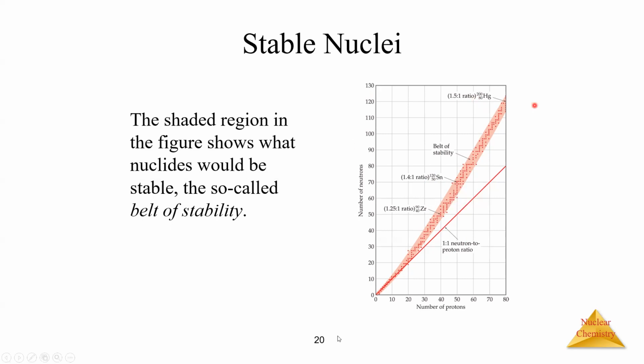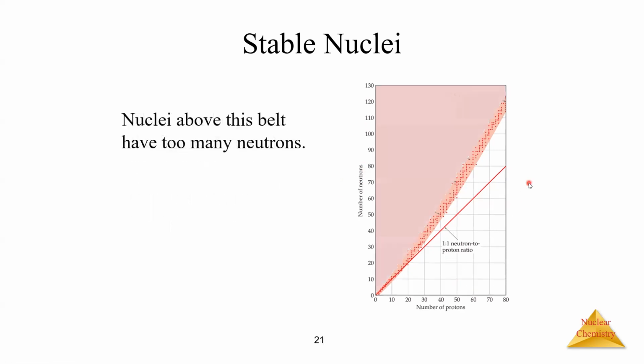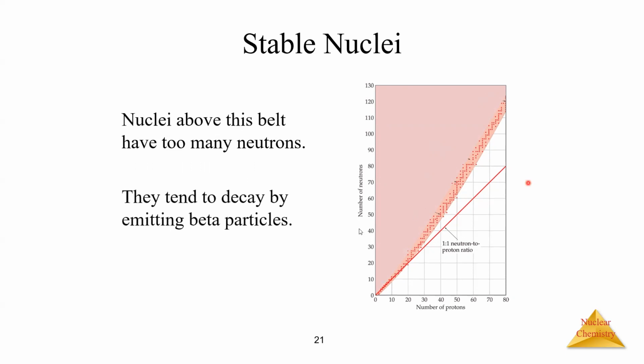But again, with the top one here, if we're above this belt of stability, now we've either got too many neutrons, if you want to think about it that way, or not enough protons. So in that case, the atoms above the belt of stability are going to undergo beta decay. And with beta decay, remember, that's essentially ejecting an electron from that nucleus.